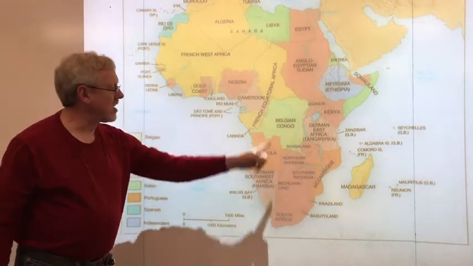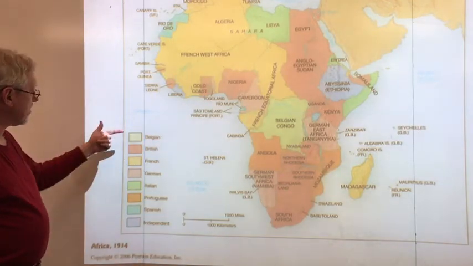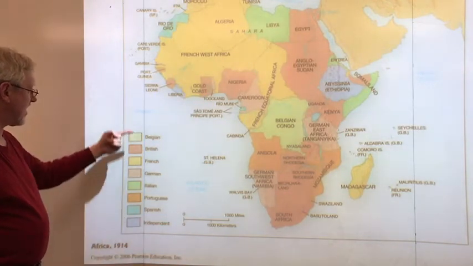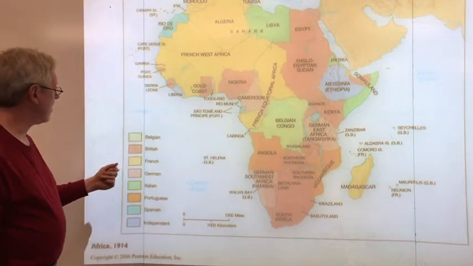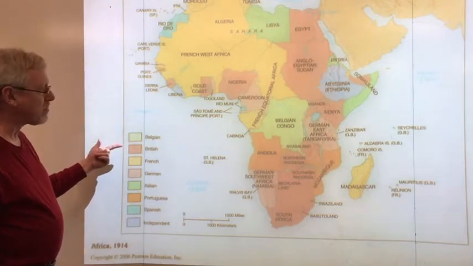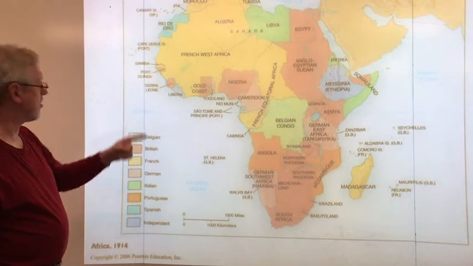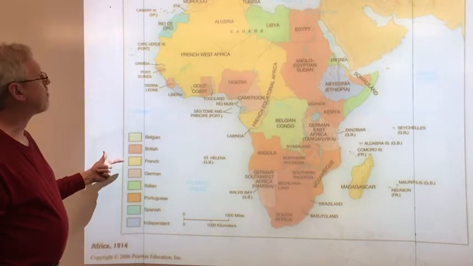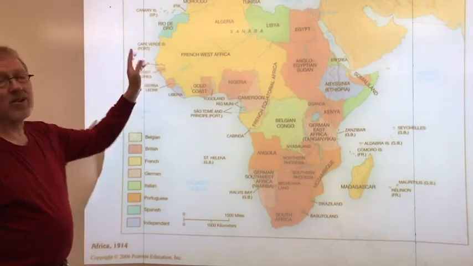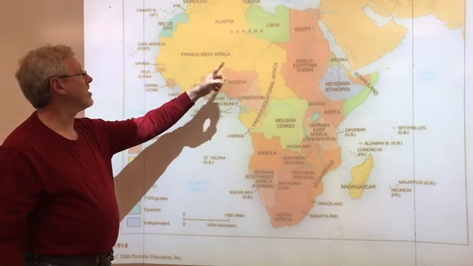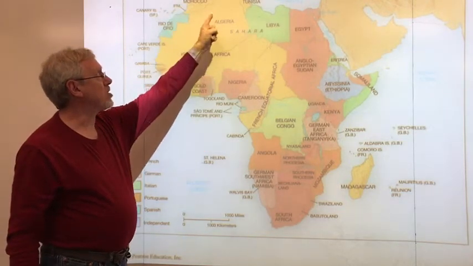So you can see this outline map, and here are the various countries that have a claim in it. The British probably have the most and the most valuable territories. The French have extensive possessions, although a large part of it is desert. But they'll have Morocco and Algeria.